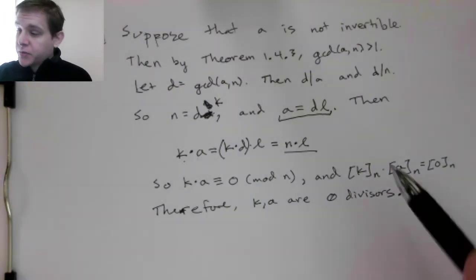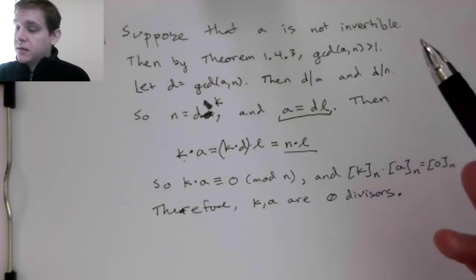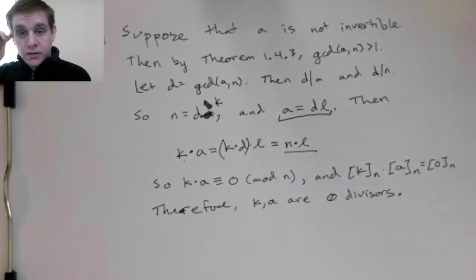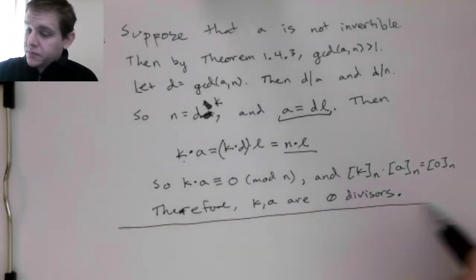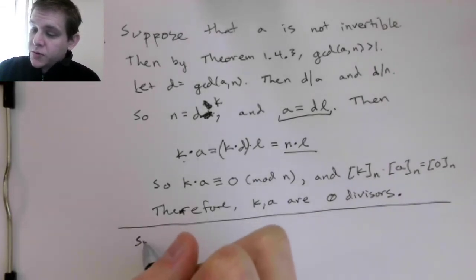I also need to prove that you can't both be a zero divisor and invertible. We don't want any overlap between these two sets. So we'll do this by contradiction.